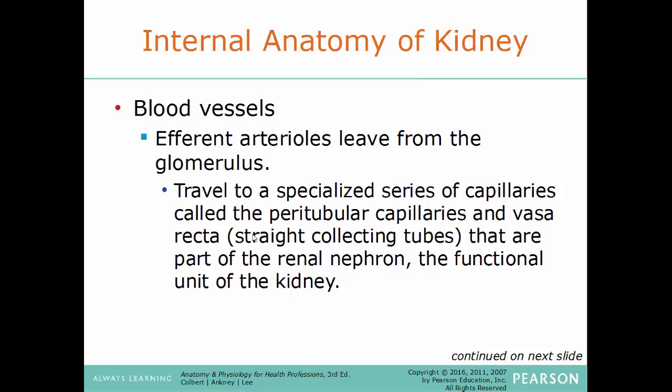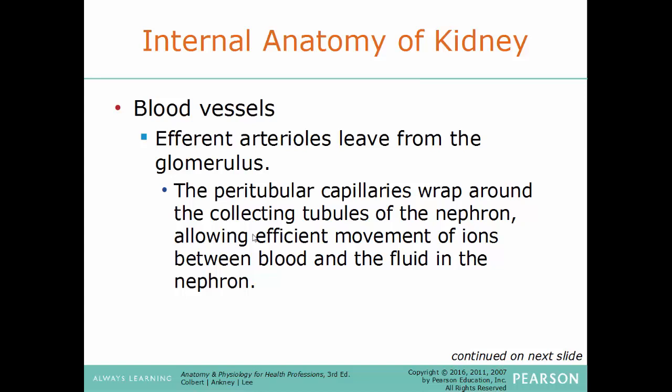After the blood leaves the glomerulus, it will travel to a specialized series of capillaries called the peritubular capillaries and the vasa recta. These are part of the renal nephron, the functional unit of the kidney. The peritubular capillaries will wrap around the collecting tubules of the nephron, allowing efficient movement of ions between the blood and the fluid in the nephron.